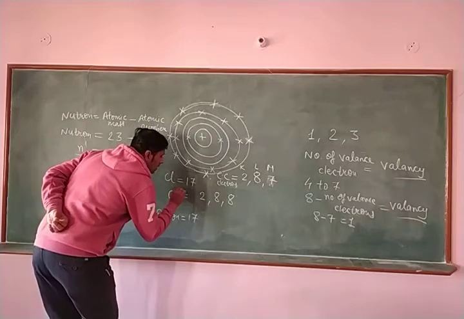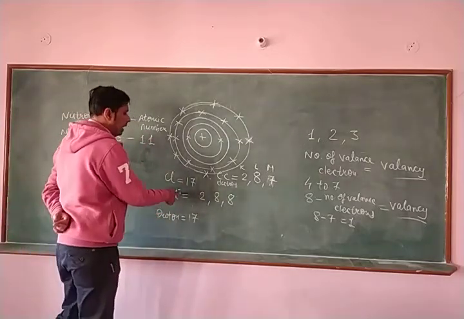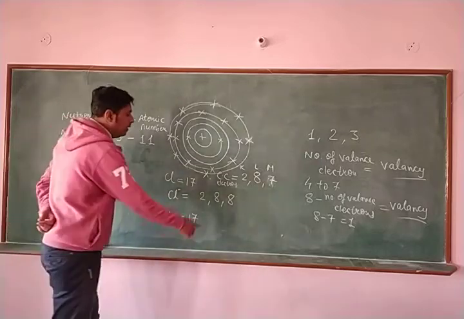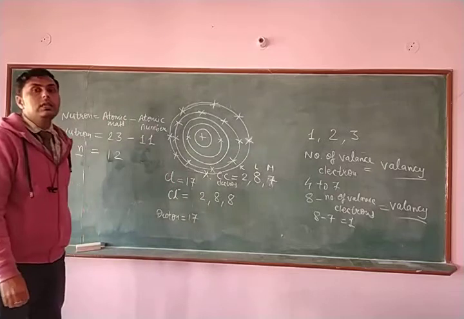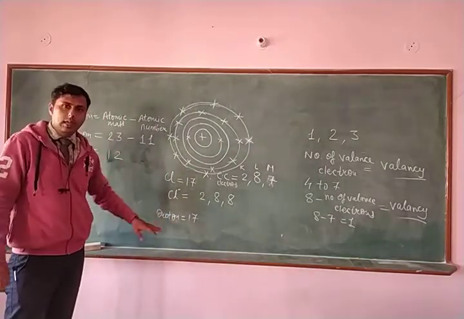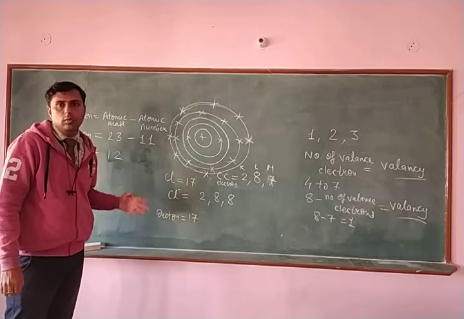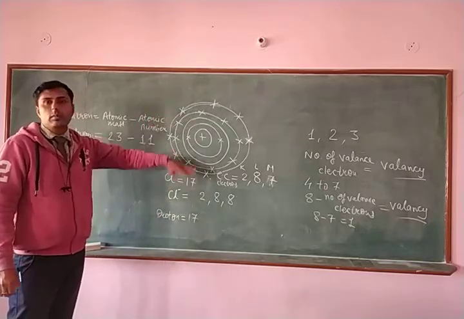So a single negative charge. Chlorine's anion has a single negative charge and the electron configuration will be 2, 8, 8, meaning we have increased one electron. Protons remain the same. We have not gained or lost any proton. No atom ever loses or gains protons. What does it lose? Electrons.